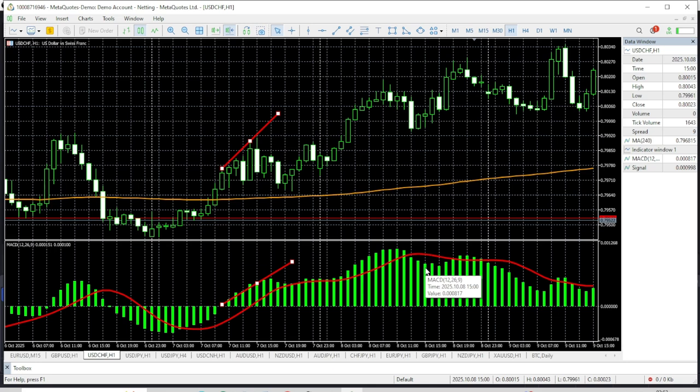So now let us move a little fast. We are going to consider risk management now. How do we manage our risk? We are not going to be risking more than 1% of our account balance. If you are placing 3 trades, all the 3 trades together must be risking 1% of your account balance.